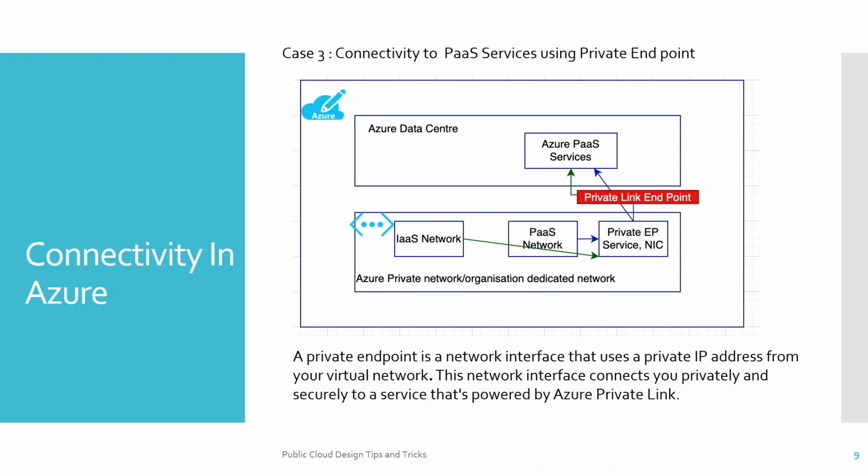The private endpoint, using the private link endpoint, tries to connect to the managed services of Azure. So in a way, it's a direct peering between a private network and the Azure dedicated network for the managed services. The benefit is that it's totally private in nature, and it tries to bring the managed services in by assigning a private IP to it.